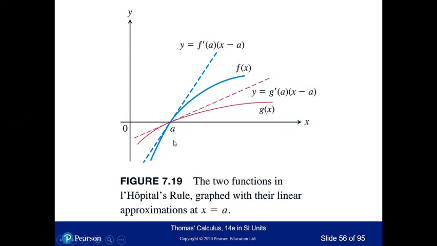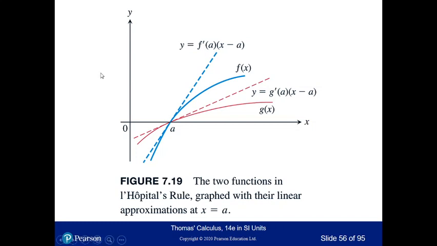We have f, and this tangent line at a, f prime a times x minus a, is a linear approximation at x is equal to a of f, and this tangent line at a for g, which is g prime a times x minus a, is a linear approximation at x is equal to a for g. Okay, because g of a is 0, right? f of a is 0. You remember the linear approximations.